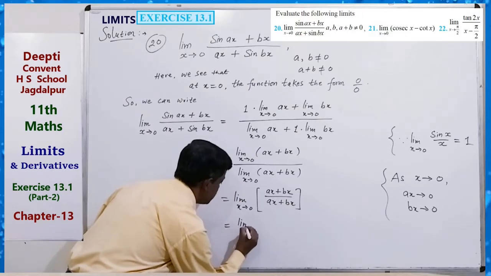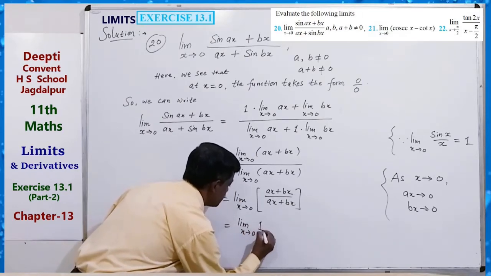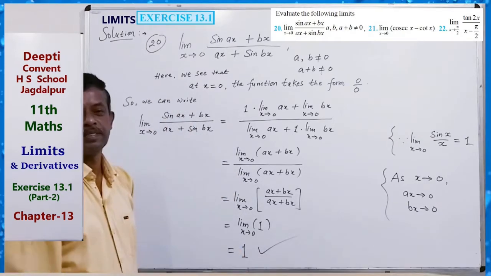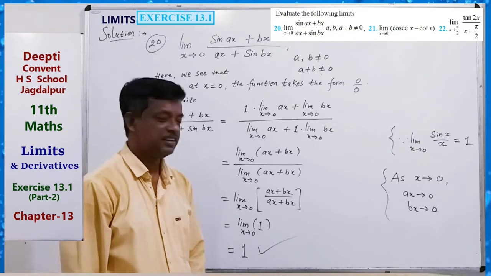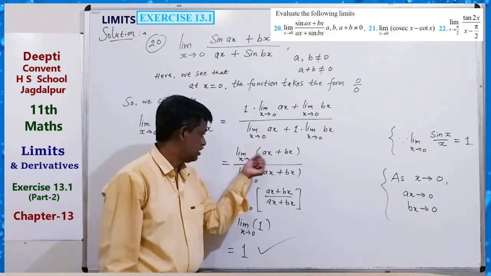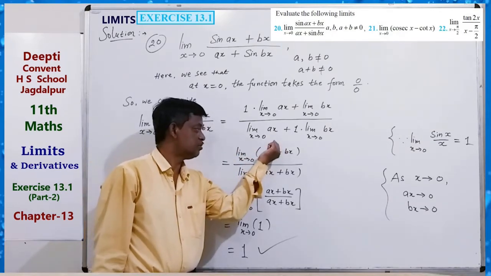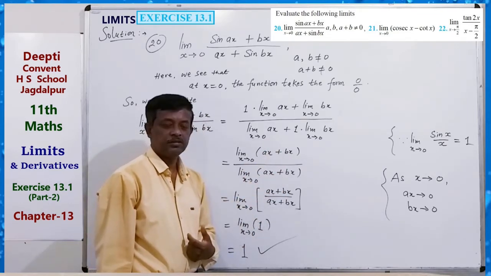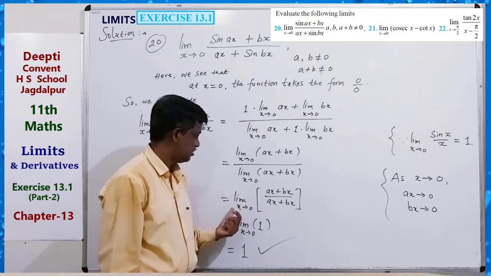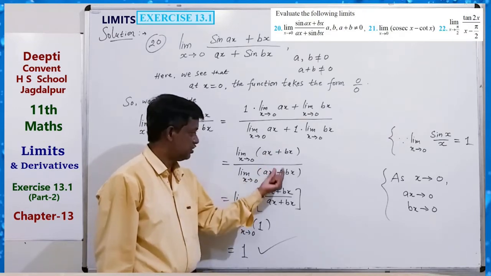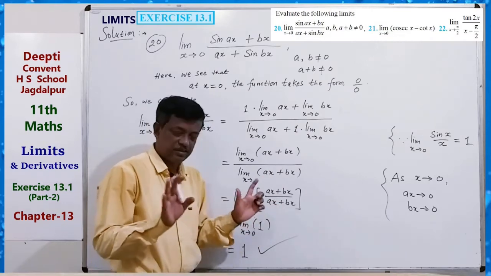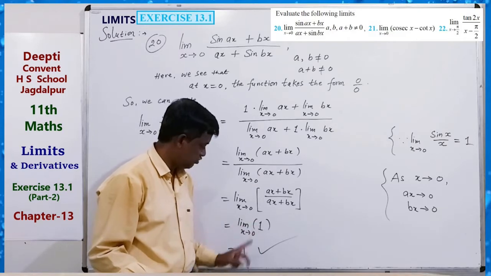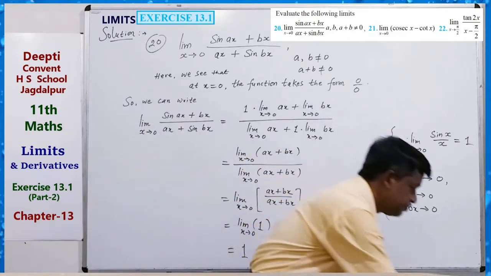Since x is not equal to 0, this and this cancel, giving 1. So limit 1 is 1. 1 is the limit.